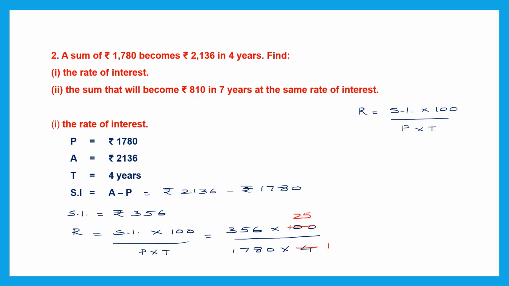Now I can cancel 25 and 1780 both by 5. So let's try that. 5 fives are 25. Now 1780, if you can't cancel it here, you can do division. Divide 1780 by 5. Otherwise, cancel it here itself.